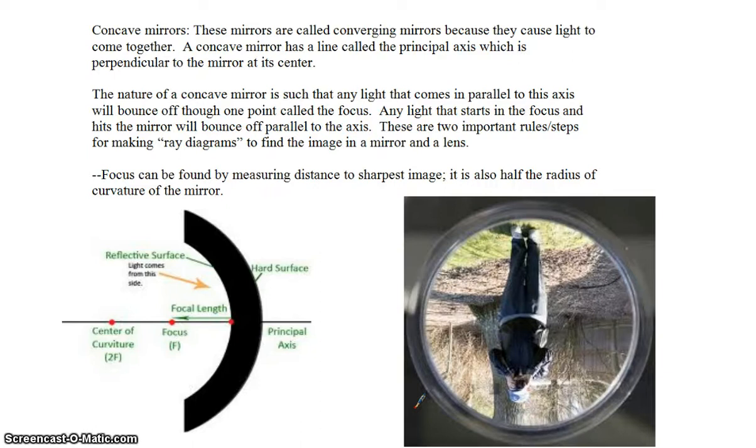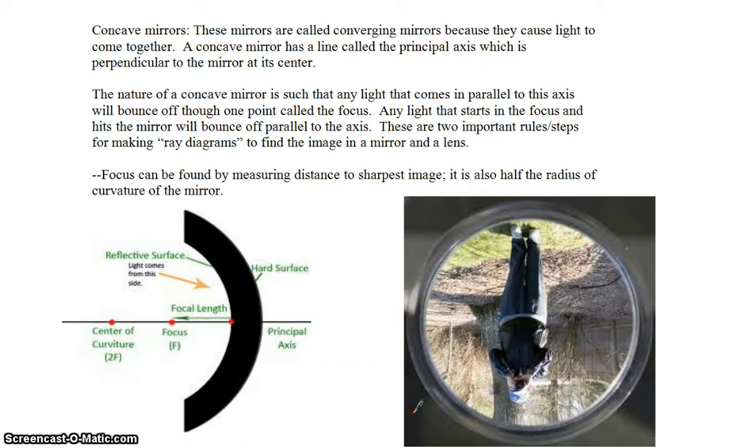With a concave mirror, because of how they're shaped, they still obey the law of reflection, but with a curve, it's a little bit harder to see that they do. But if you were to measure the normal, so like on this surface right here, the normal would be this way. And so anything that comes in, if it comes in at an angle, it's going to bounce off at the same angle.